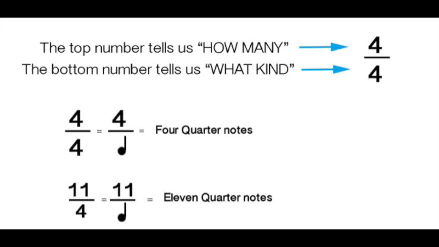The top number 4 indicates how many beats there are going to be between the bar lines. The bottom number 4 tells you what kind of beats we are going to count. For 4, we're going to count 1, 2, 3, 4. Those beats are quarter notes. Think of the whole 4/4 as $1, and each quarter note is a quarter.